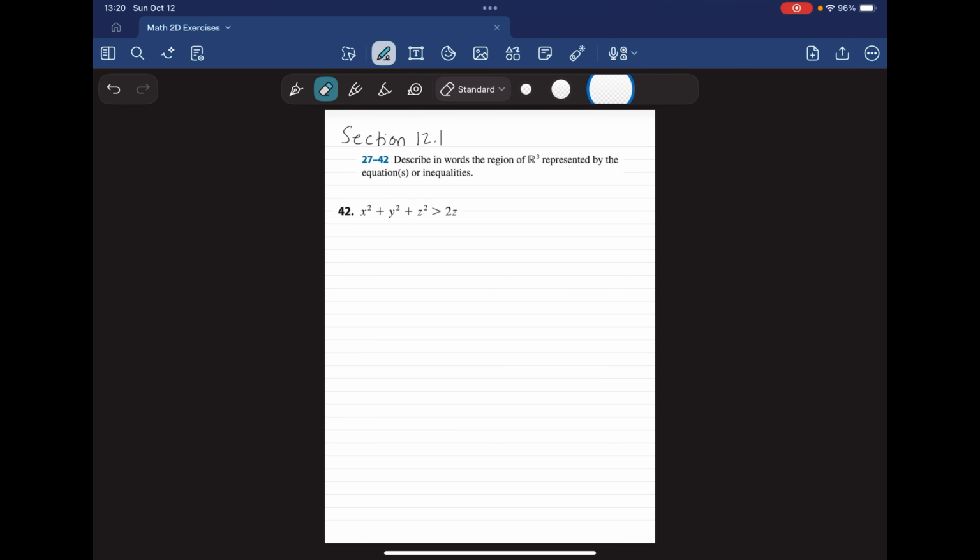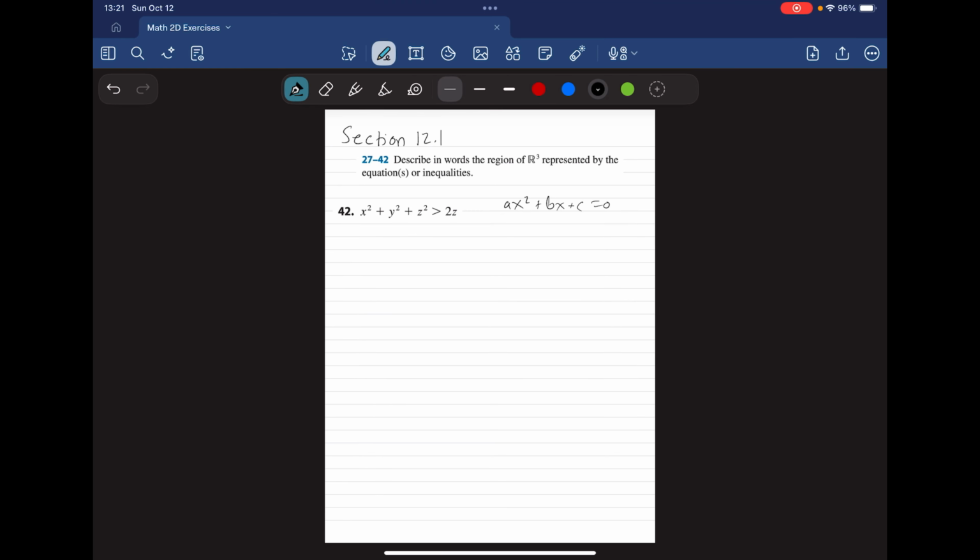Instead, we have this 2z here, and as soon as I see this 2z, one thing that sticks out to me is the idea of completing the square. Now, as a quick refresher for anyone who might have seen completing the square but doesn't quite recall it completely, it's a way for us to be able to solve quadratic equations by hand.